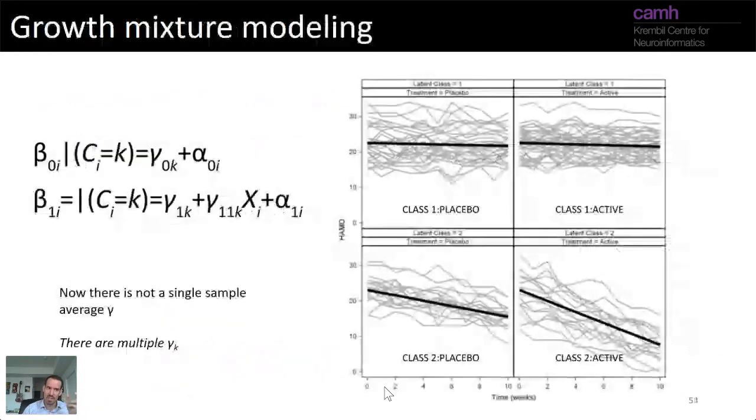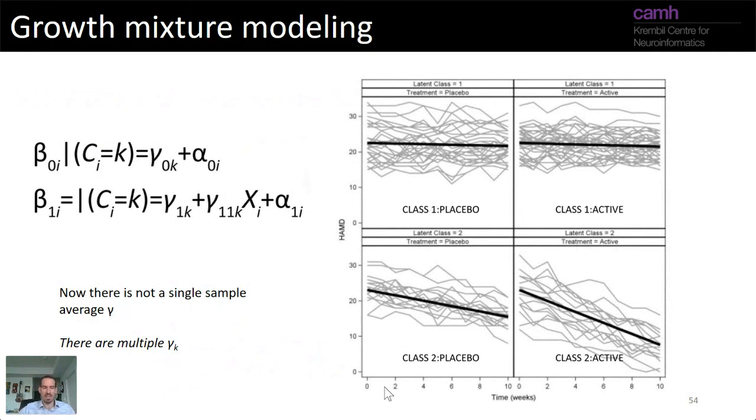There's an extension of this into growth mixture modeling, where instead of assuming that everyone has a different variable slope, which follows a deviation that has a normal distribution around the centralized average parameter, maybe there isn't one single population average that people are following. Maybe there are strata of individuals, subgroups of people that tend to follow similar groups of changes over time.